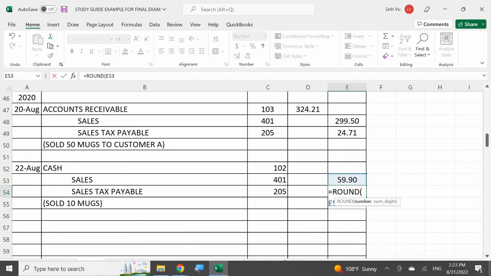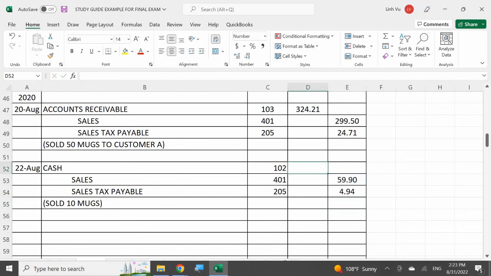How much tax did I collect? $4.94. So I collected a grand total cash of $64.84. So $59.90, $4.94, $64.84. Okay.